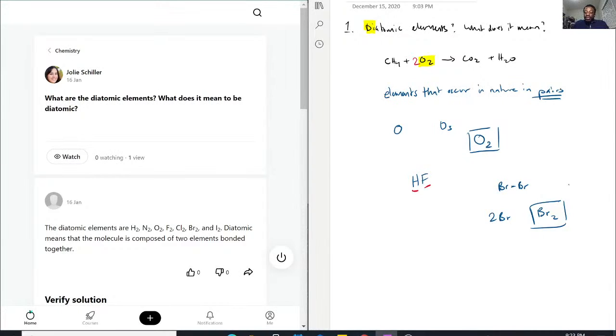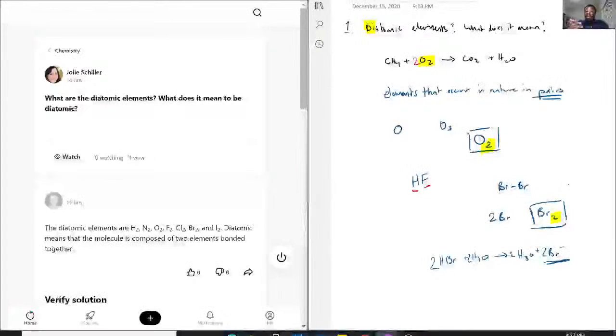It's not the same thing as if I was doing HBr plus H2O, because it dissociates and we have H3O plus and Br minus, something like that. If I doubled everything, you may see things like 2Br minus, but these are ions. In fact, this is still not considered a diatomic element. The key thing I'm trying to stress here is that you want to be able to see this subscript. Whoops, sorry, not for this one, that's ozone.